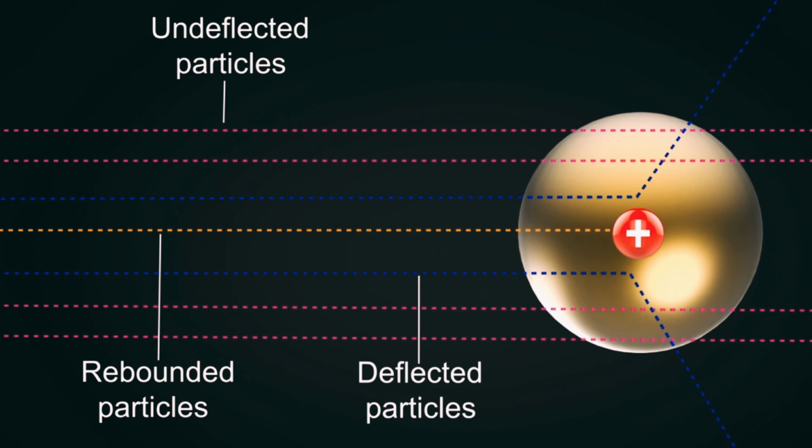The reason is that the size of the nucleus is so small that only some of the particles were turned back completely. If the size of the nucleus was larger, more would go back, and that would mean the size of the nucleus is more. In this case, the size of the nucleus is small. That's why only a small number of particles are being turned back.